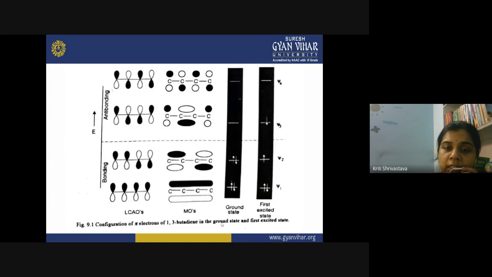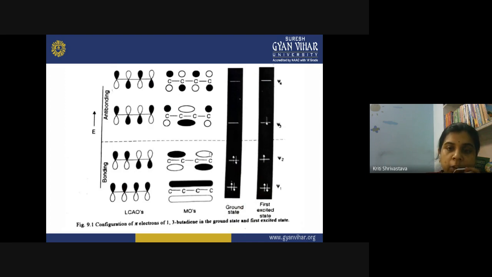So this is how you address the molecular orbitals of butadiene. When you proceed the reaction in the presence of heat, the HOMO of butadiene will combine with the LUMO of ene, the LUMO of the ethylene. So HOMO will be psi 2 in case of heat.